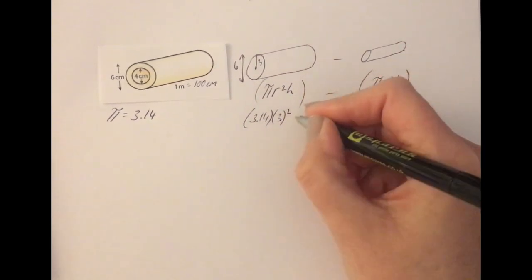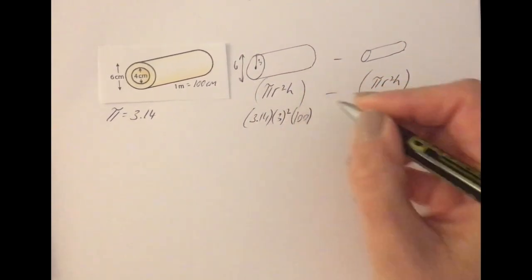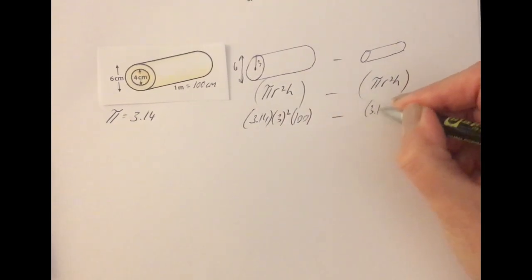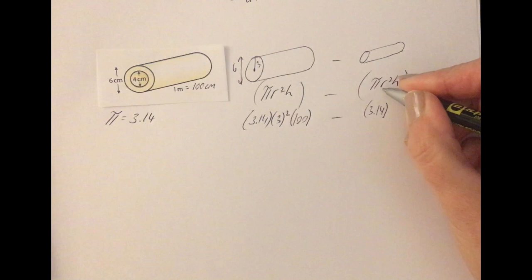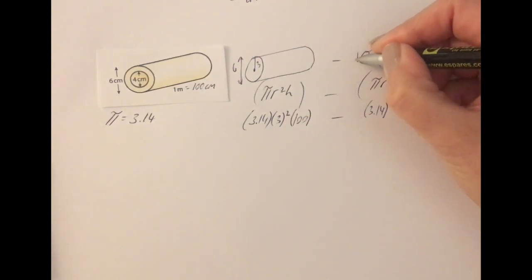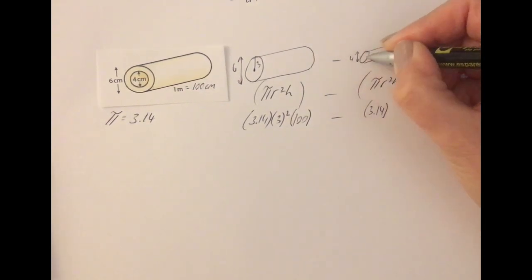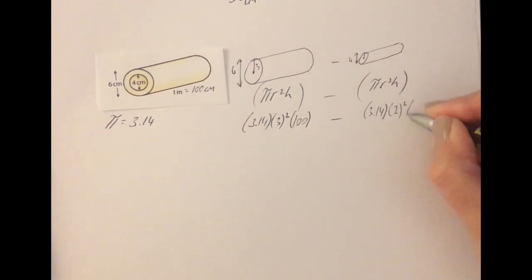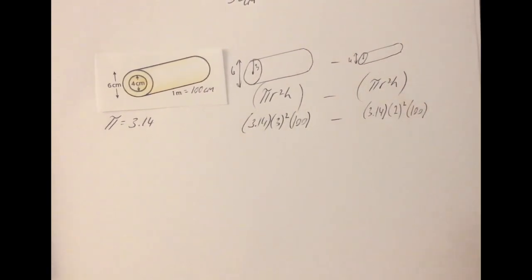So 3 squared times 100, and then take away, and of course 3.14. The radius of the smaller pipe, of course, the full diameter is 4, which means half that is going to be 2. And the height, of course, is the same, so 100.